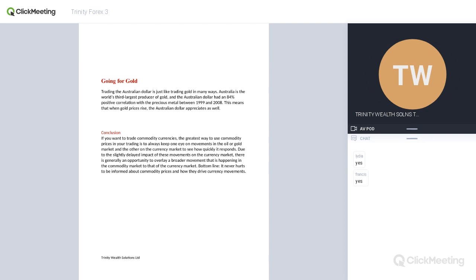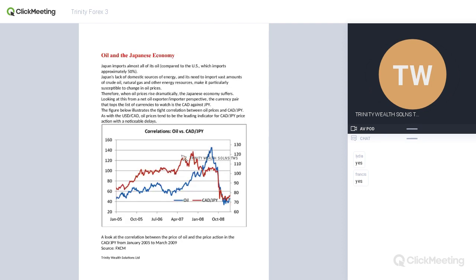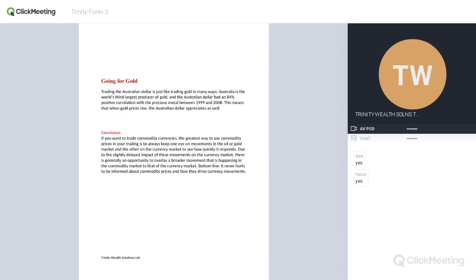So anytime gold goes up, their currency also goes up because of that reserve. There's a small correlation between the two. But these are the major correlations: gold and the Australian dollar, and oil and the Canadian dollar.